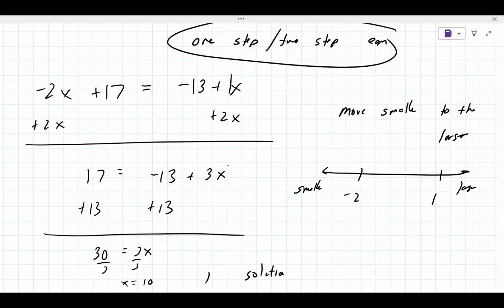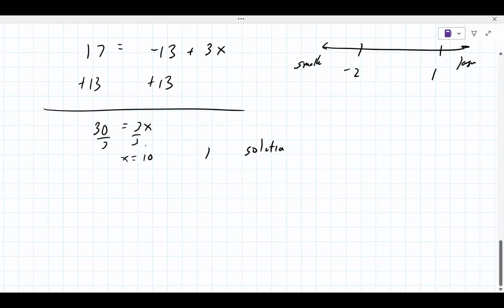Now, did you use words like independent, consistent, dependent? That could be like from science.